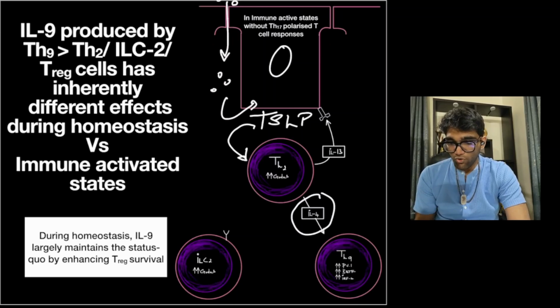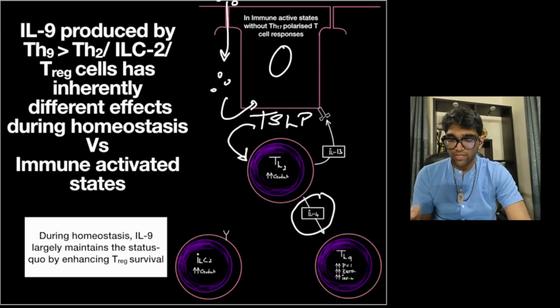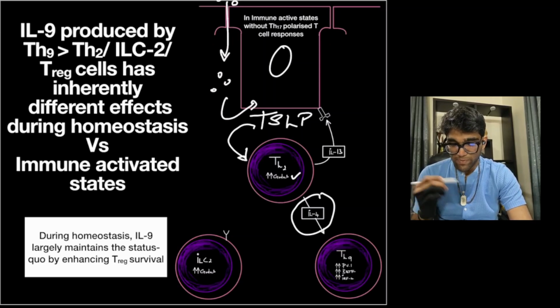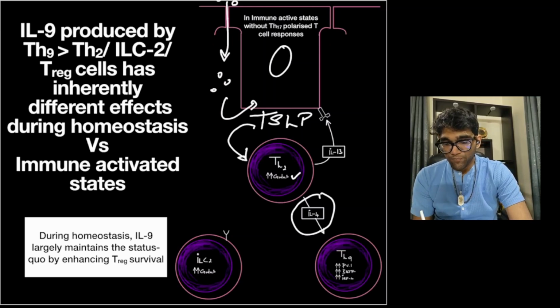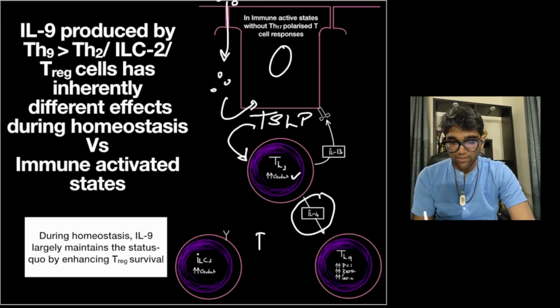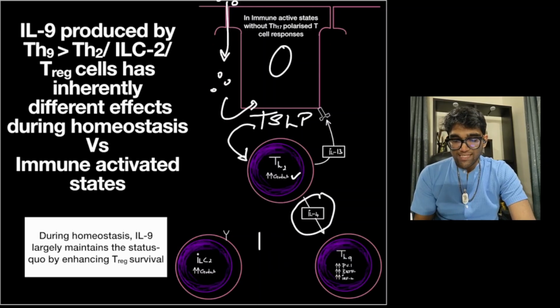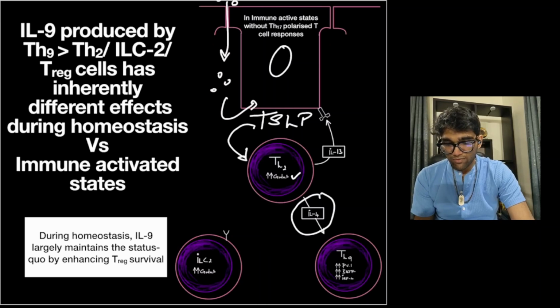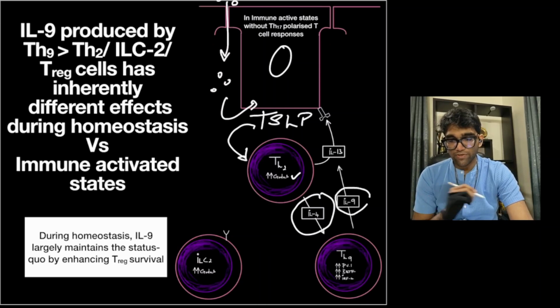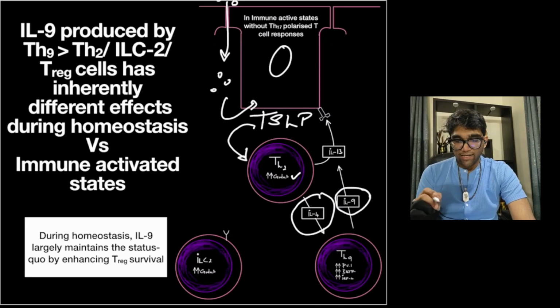So interleukin 4 induces local Th2 cells to, rather than expressing GATA3, start expressing three other transcription factors, that is PU.1, BATF, and also a signaling molecule called IRF4. Now these cells are notorious for producing very large amounts of interleukin 9. Okay, and interleukin 9, we'll see, has very important roles in the pathogenesis of ulcerative colitis.